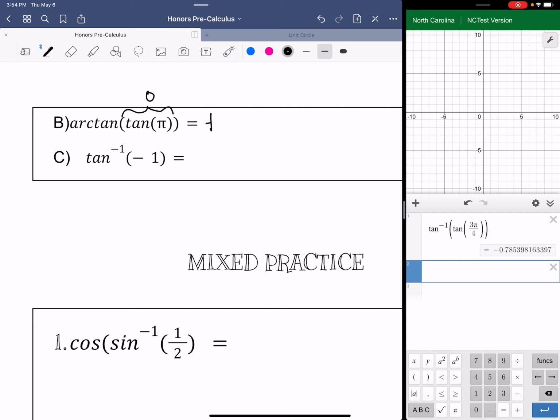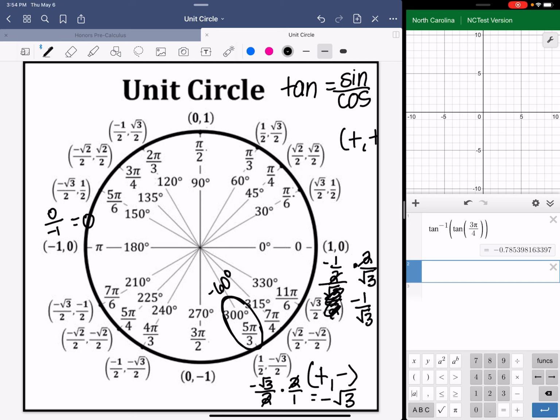They're asking us, what is the tangent inverse of 0? Which way is it going to equal 0 here? It's still going to equal the value that we're looking at. When we look at the angle measure of 0 degrees, sine divided by cosine is still going to equal 0.